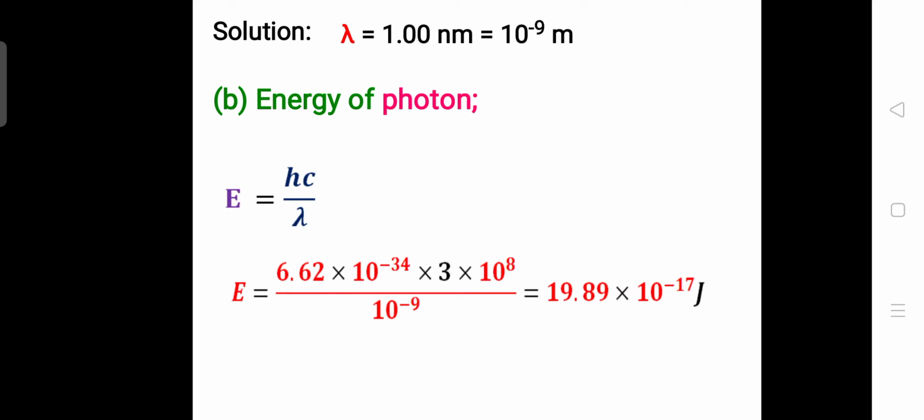On solving, we will get 19.89 into 10 raised to power minus 17 joule. We can convert it into electron volt as well by dividing by 1.6 into 10 raised to power minus 19, so the answer will be in electron volt.